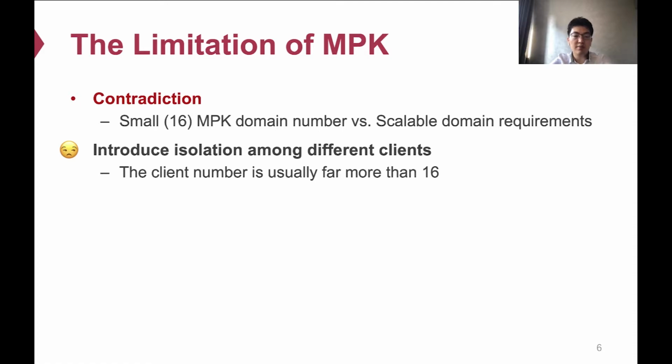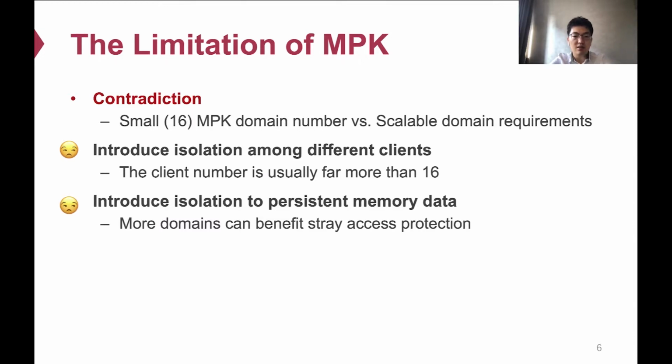First, a typical server application usually serves more than 16 clients concurrently, and it is preferable to store clients' private data in isolated domains to prevent sensitive data leakage. Second, there is a growing interest in protecting persistent memory data from accidental or malicious accesses. Isolating the data in more domains can reduce the data exposure time and benefit strict access protection.